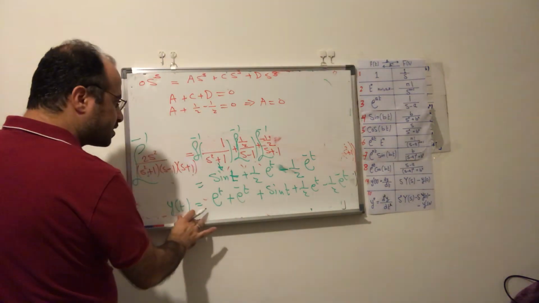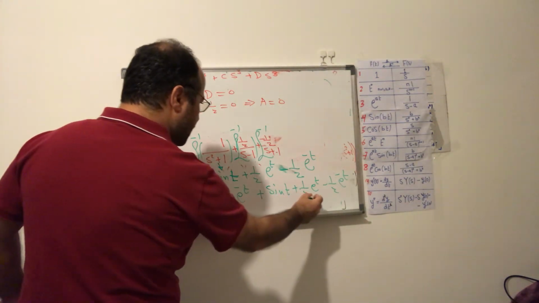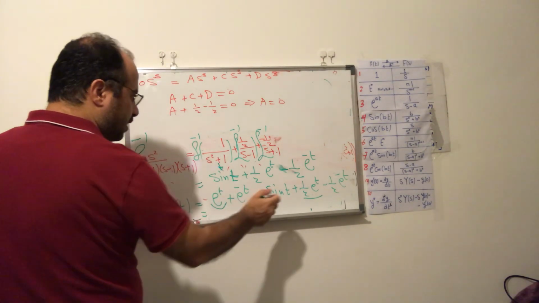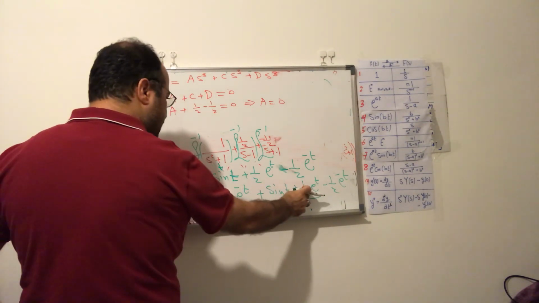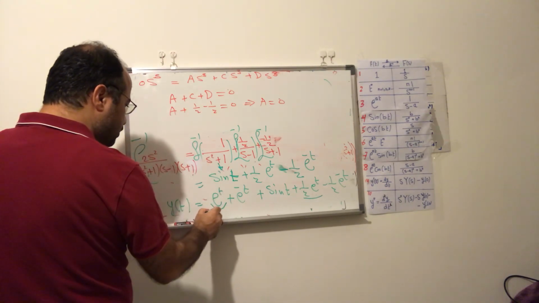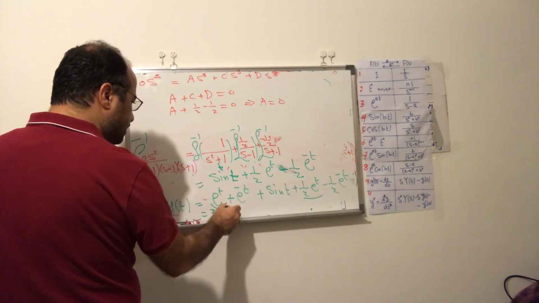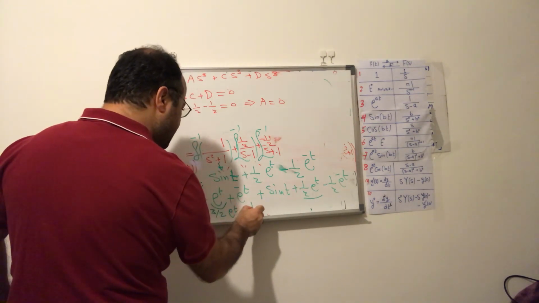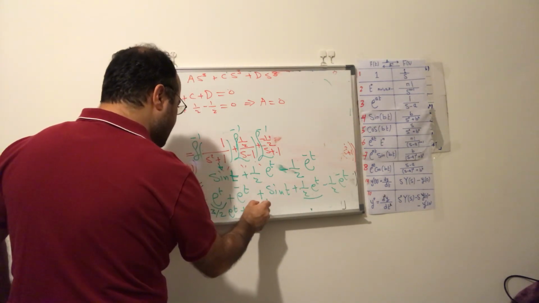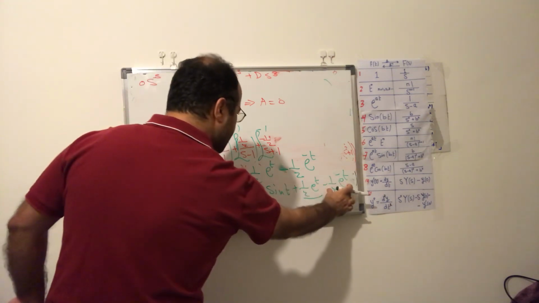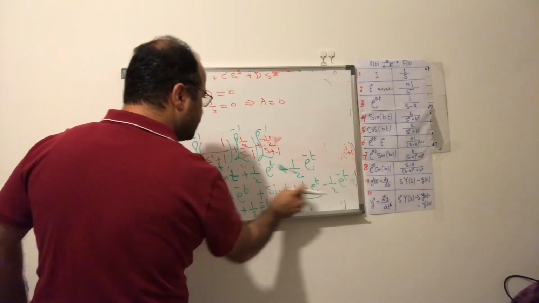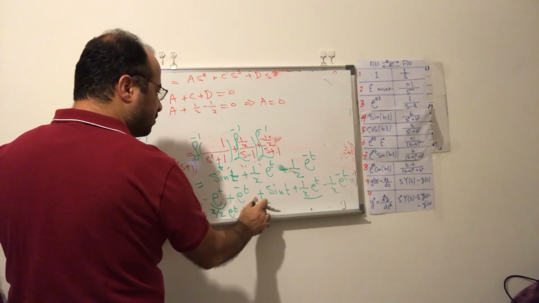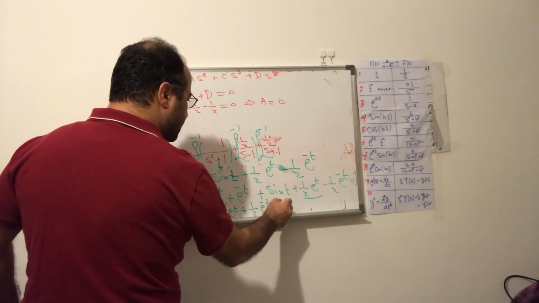In other words, if you want to regroup things, you're going to have 3/2 e^t, and then here you're going to have half e^(-t). I'm just regrouping, so you have 2/2 here plus 1/2, and 1 minus half gives you half e^(-t) plus sine t.